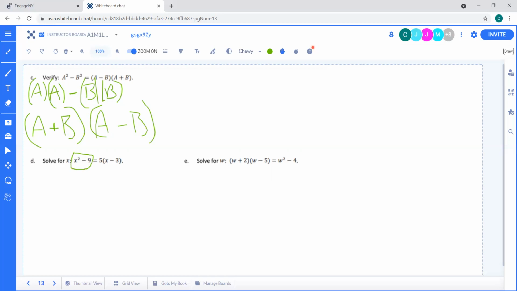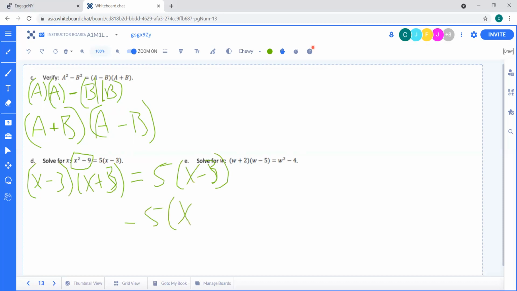So what I'm going to do is I'm going to say x minus 3 times x plus 3, and that's going to equal 5 times x minus 3. Now we would subtract and get a negative 5 times x minus 3.